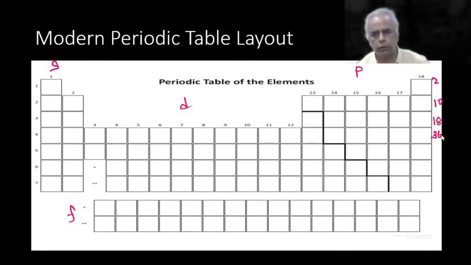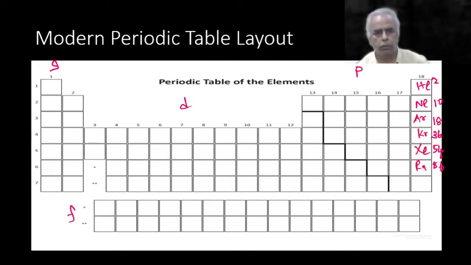So 36, and 36 plus 18, that is 54, and then here you have got lanthanides and actinides. So 54 plus 32 means 86. So this is helium, neon, argon, krypton, xenon, radon.